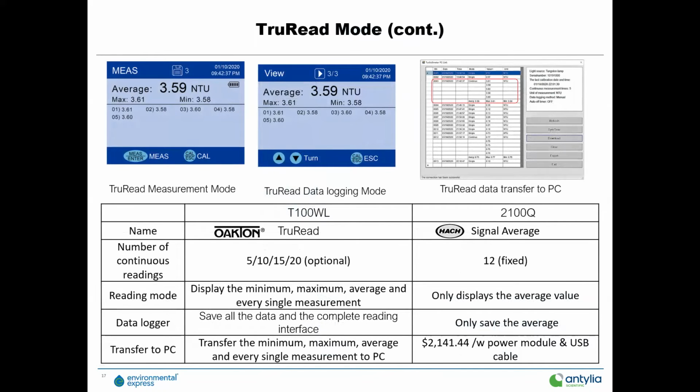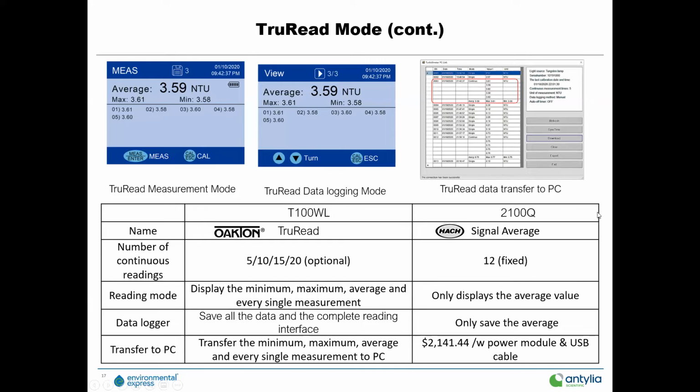Next, I wanted to talk about True Read, and also to show the top right corner is an example of the download format for our turbidimeter. The True Read measurement mode allows a couple of things.